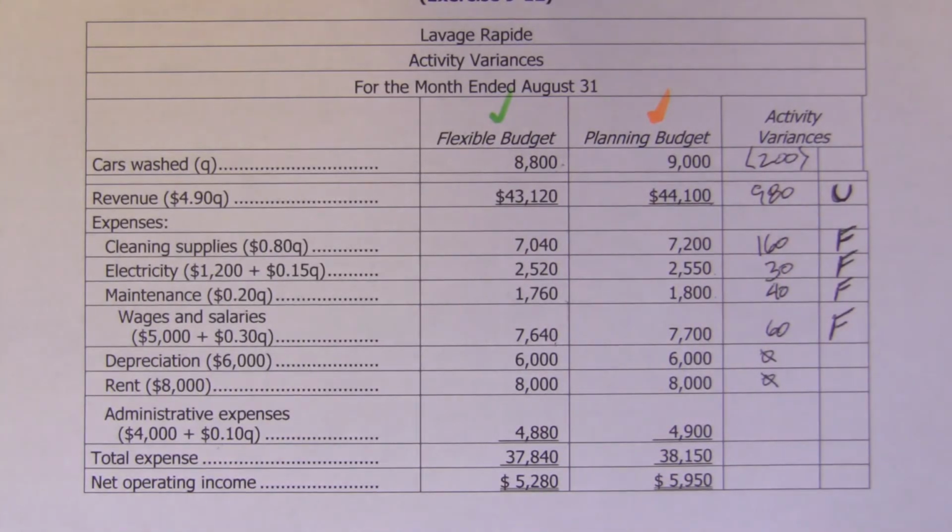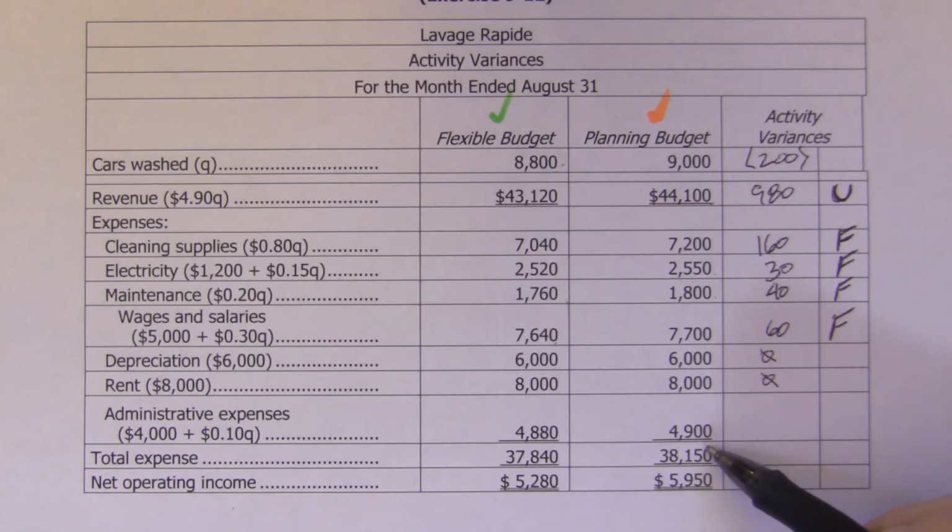Now, these are small variances, 160, 30, 40. But these can be done with huge companies. You can add as many zeros behind that until you think it's important. It's the same exact process. If we had done 9,000 cars, we expected that we would have made $4,900.